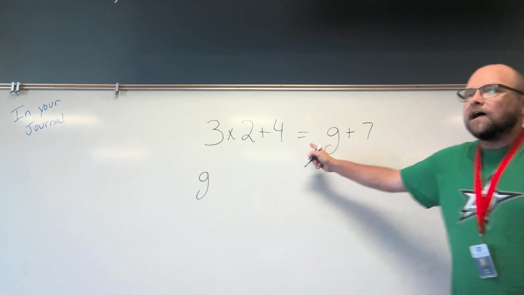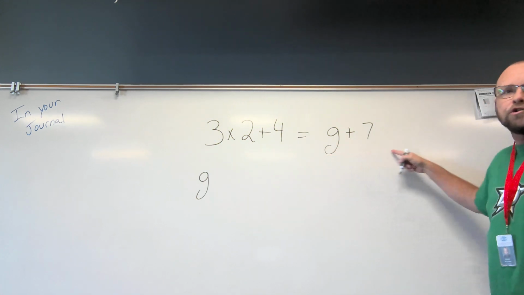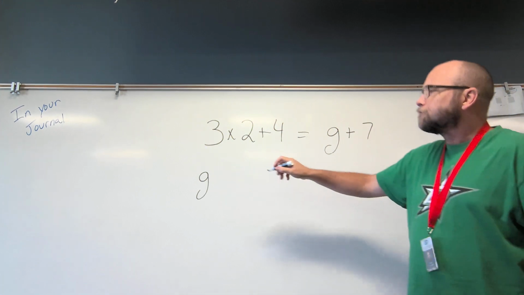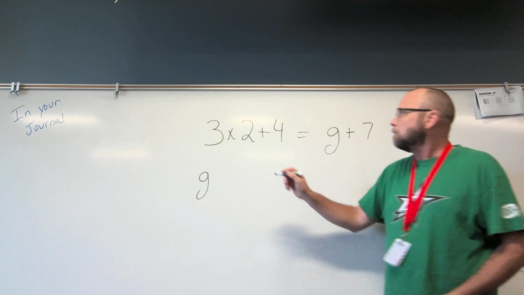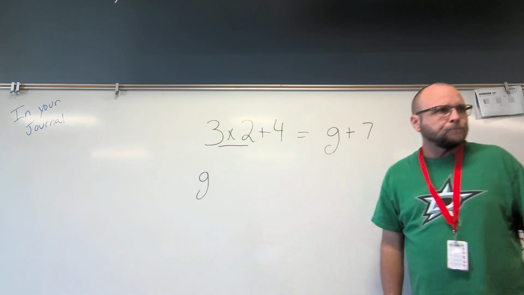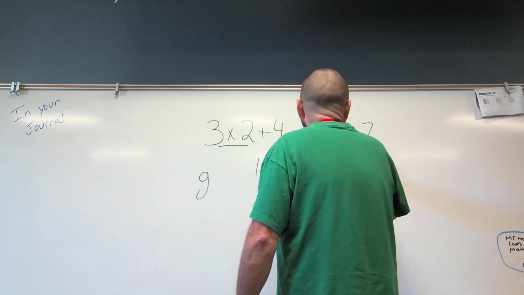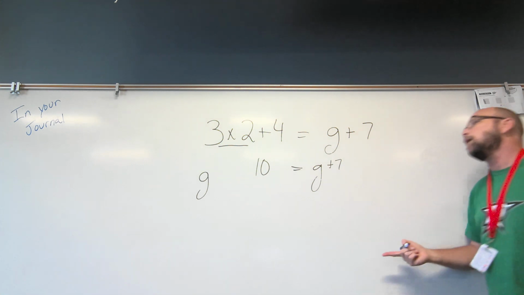The equal sign means whatever I get here is got to be equal to whatever I get here. So the first thing I need to do is figure out what I get here. I always multiply before I add and subtract. So what's 3 times 2? 6. 6 plus 4 is? 10. So 10 equals G plus 7. So what plus 7 equals 10? 3.